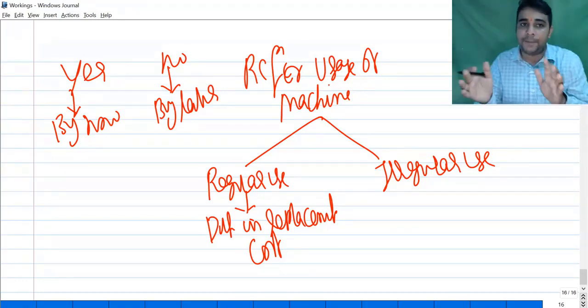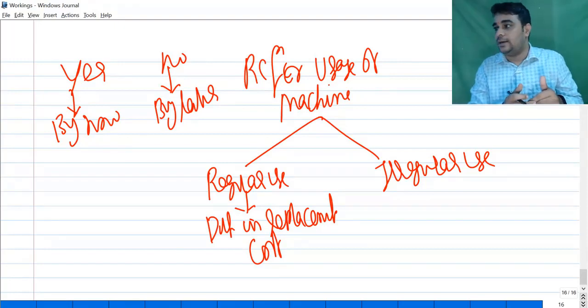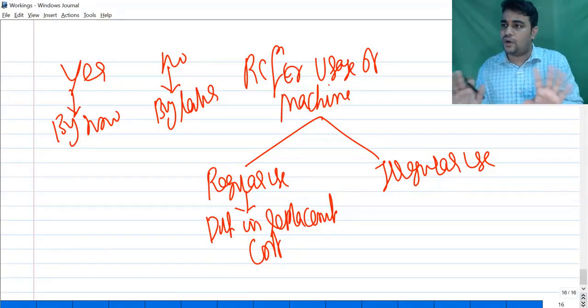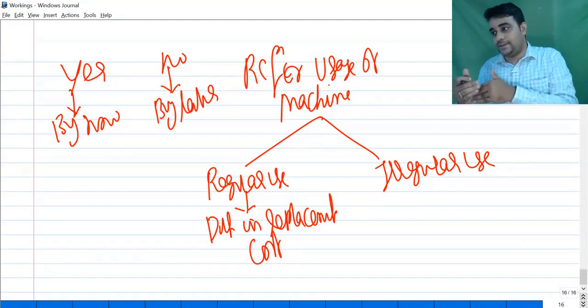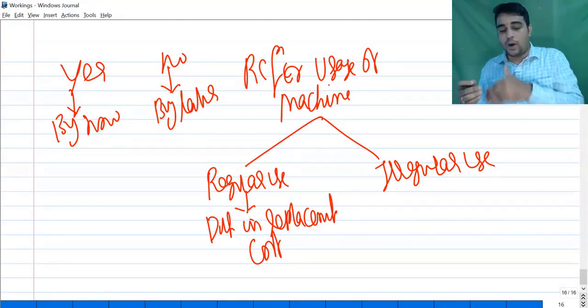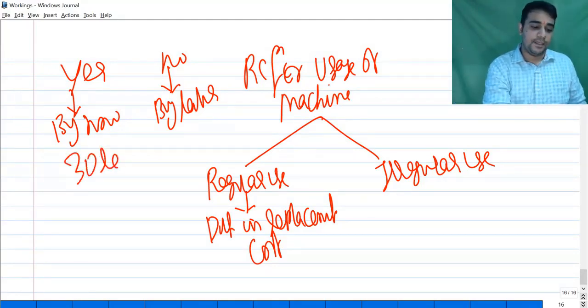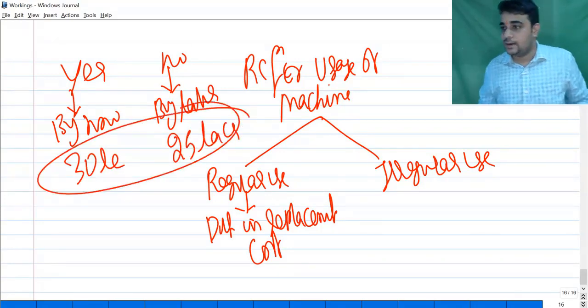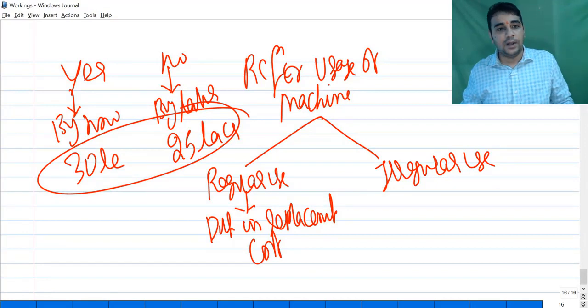So what we compare is buying a machine today for 30 lakh with buying a similar machine which is like 1 year used. The question will not give you all these points, this is just for your understanding. Buying a machine after 1 year for what price? Today it's 30 lakh, after a year it is 25 lakh, and the relevant cost is the difference, 30 minus 25.